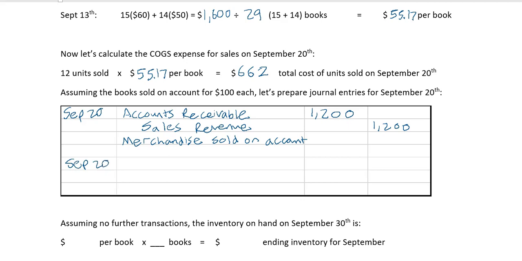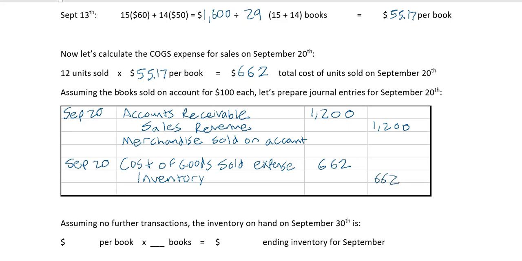And then we record the second half of the transaction, cost of goods sold expense, and that's where our number comes in, 662. This is coming out of inventory, of course, so credit there for 662.